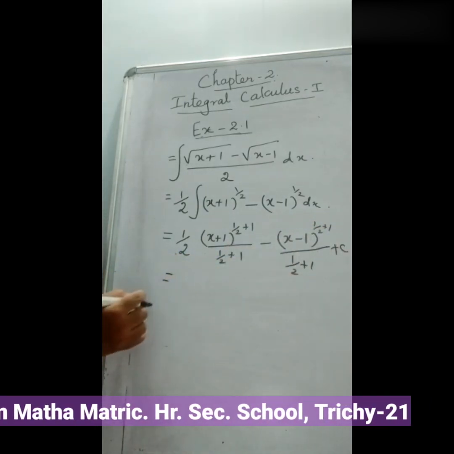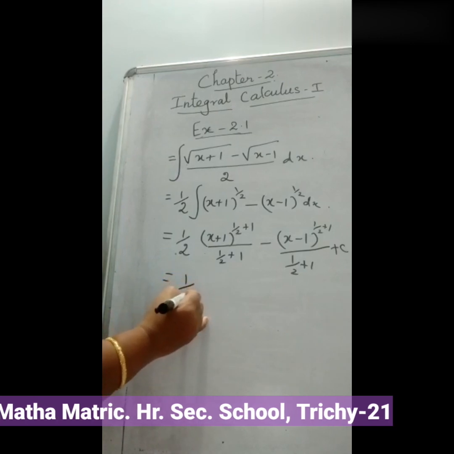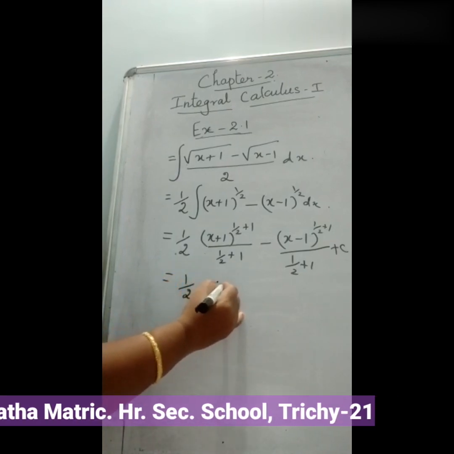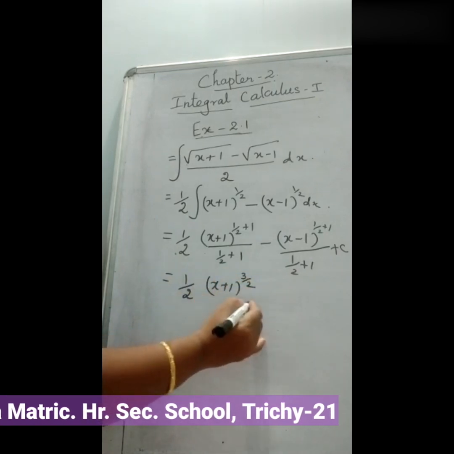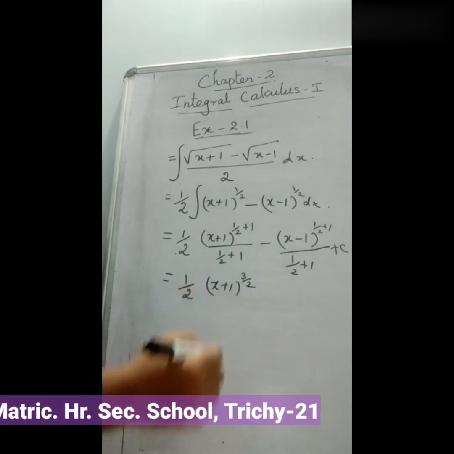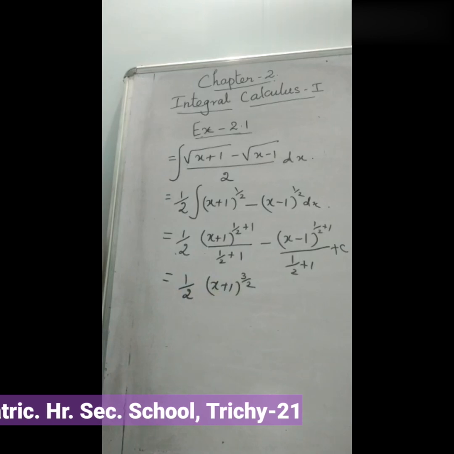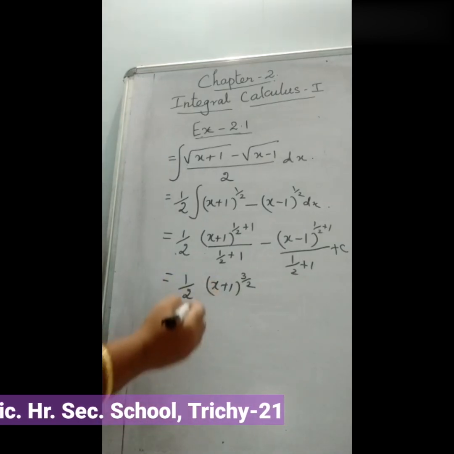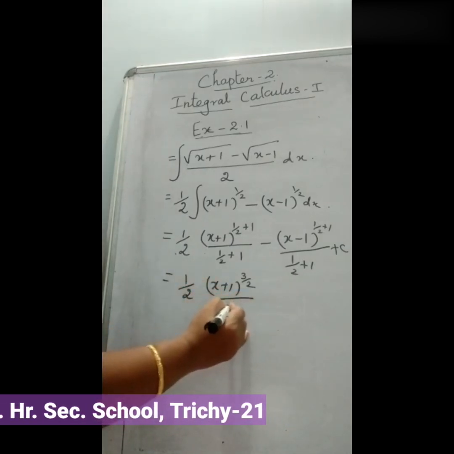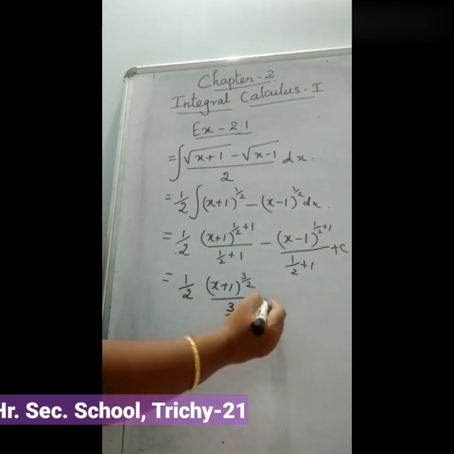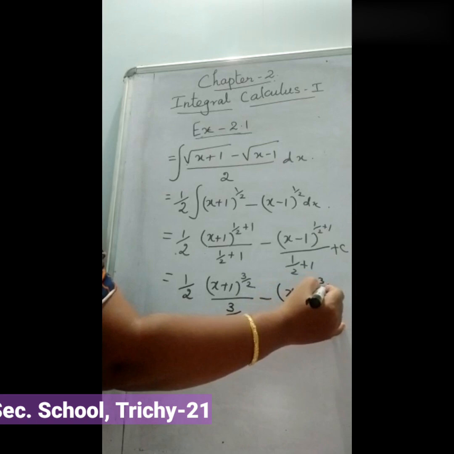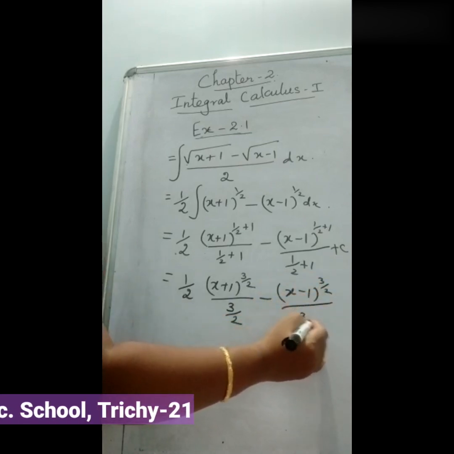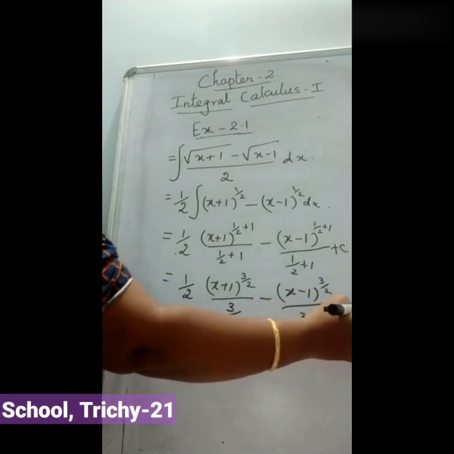So that is equal to 1 by 2 into (x+1) to the power 3/2, and the denominator 3/2 goes into the reciprocal, minus (x-1) to the power 3/2 divided by 3/2, plus c.